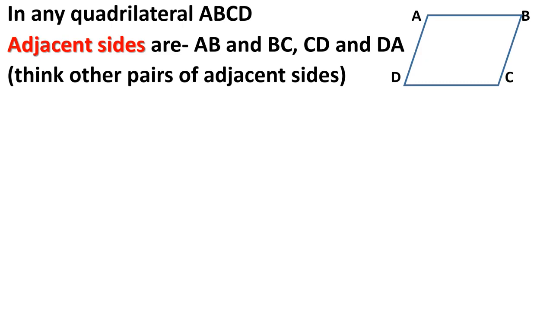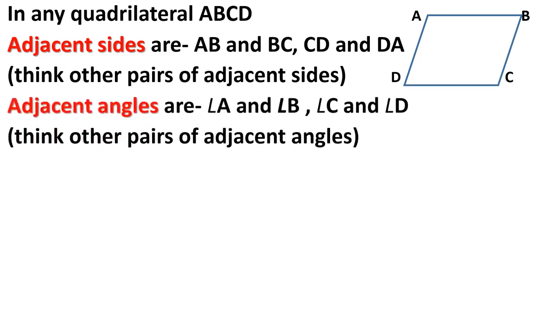Now see adjacent angles. What are adjacent angles? Two angles of a polygon with a common side are called its adjacent angles. Okay, two angles on one side, that is called adjacent angles.